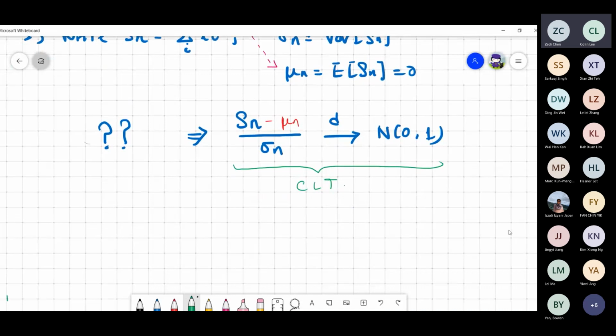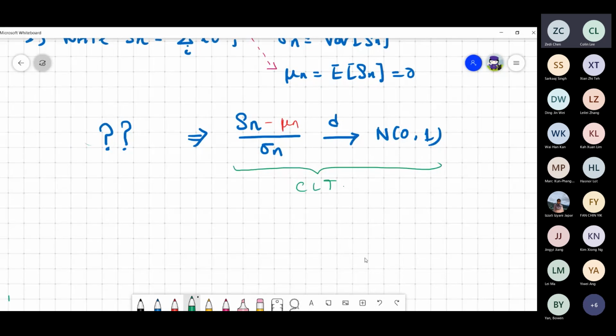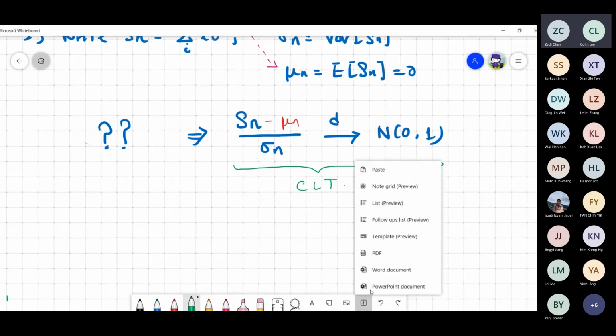In this section, we're going to discuss several versions of this central limit theorem, as well as some examples. Before this, let's look at the summary for the sections over here.